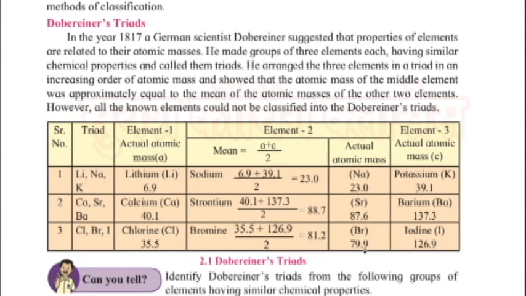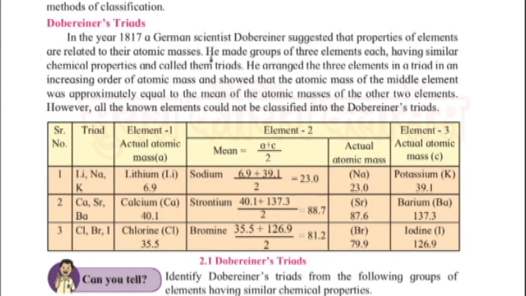And the middle element bromine has an atomic mass of 79.9. So these two figures are also nearly equal. तो डोबेरानर ने क्या कहा है कि अगर हम एलिमेंट्स को एक ग्रुप ऑफ 3 में अरेंज करते हैं, तो the atomic mass of the middle element was approximately the mean of the other two elements.